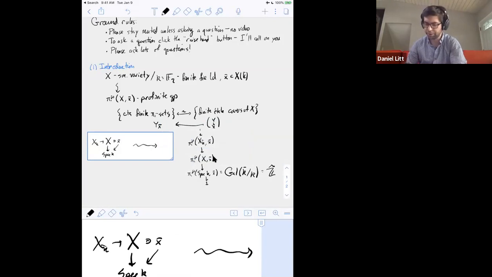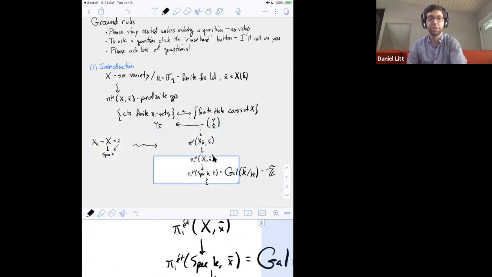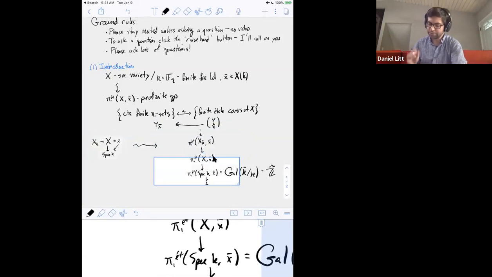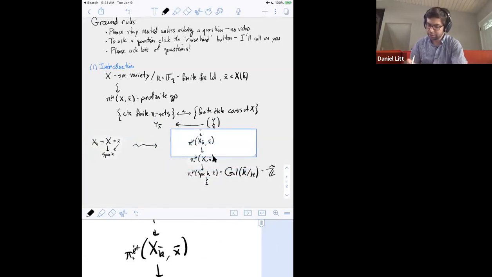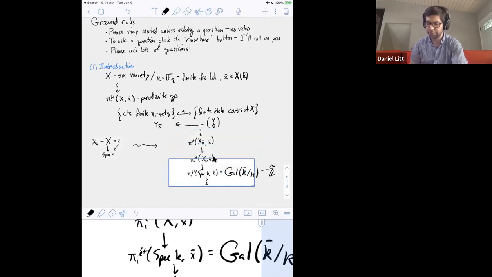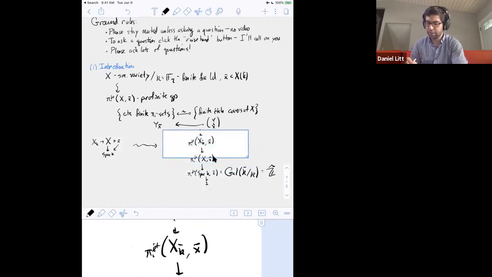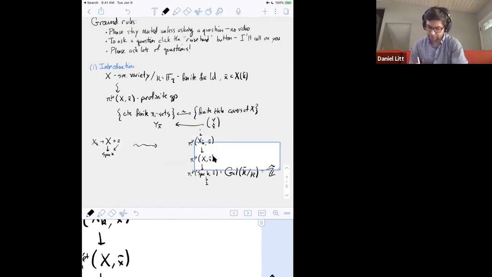And this pi1 thing here is like the algebraic manifestation of that. Okay, so I've explained more or less what this last group is. It's the absolute Galois group of the ground field. The first group here is a little more complicated, but we do understand it relatively well. On the other hand, this middle group is very mysterious.